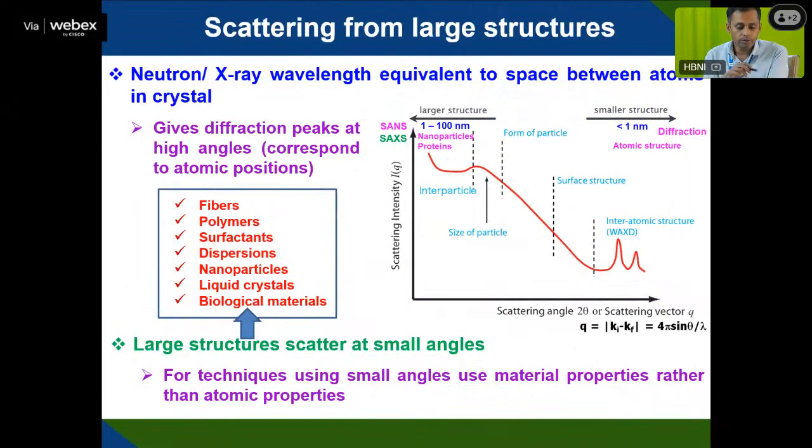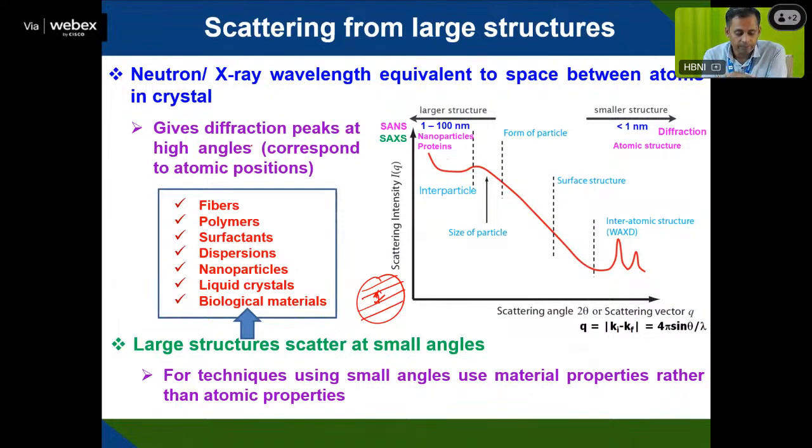If you see the information that you get, the neutron and X-ray wavelengths are almost equivalent to the spacing between the atoms in the crystals. Whatever the lattice spacing is, the wavelength is in this range. That means X-rays, like X-ray diffraction and neutron diffraction, can be used to see the information about lattice spacing.